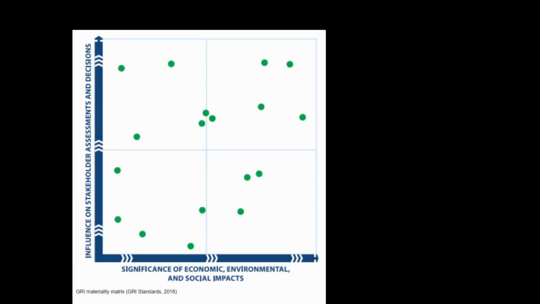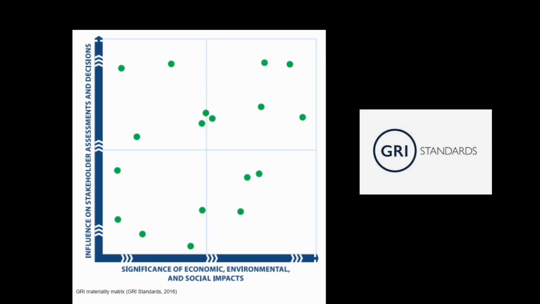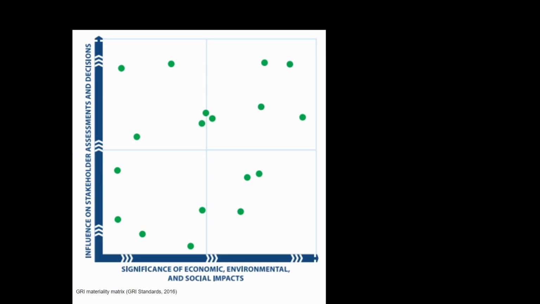And this is a matrix which was produced, promoted, and used in the context of the GRI Sustainability Reporting Standards. So this is where a matrix concept in materiality and sustainability reporting have their origins.